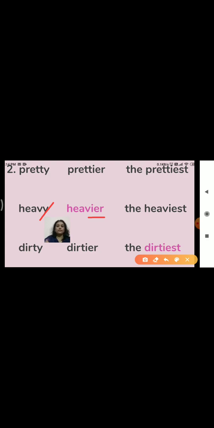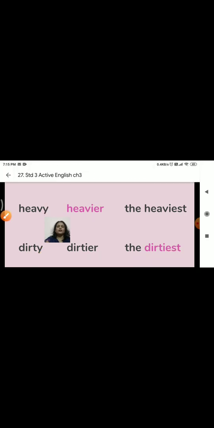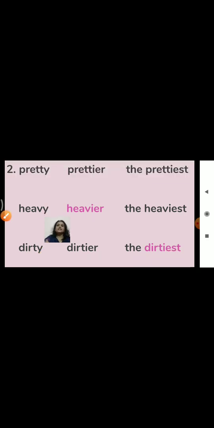Heavy, heavier, heaviest. Then comes dirty. Again we cut down Y. We added I plus ER to form the comparative degree. So we got dirtier and then we added IEST to form our superlative degree. So what we got? Dirty, dirtier, the dirtiest.